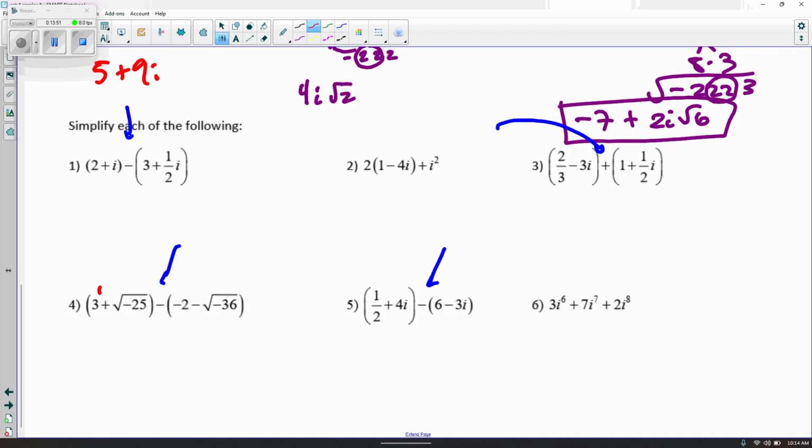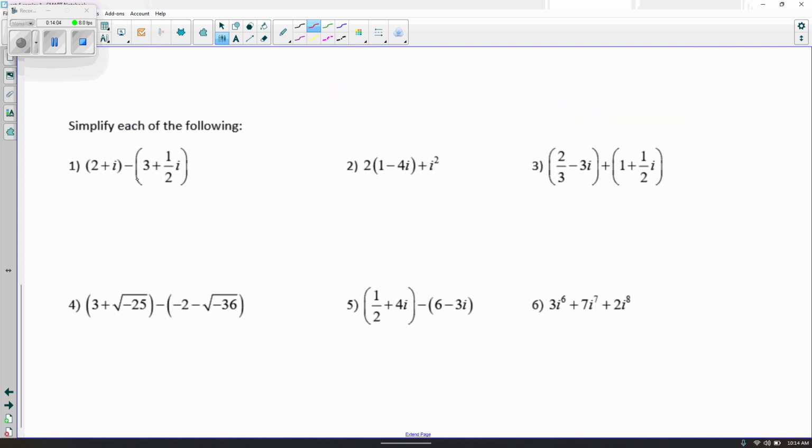I have people who multiply this times this, and this one times this one. Do not be that student. Take a look at your parentheses, see if there's a number in between. If there's a number in between, then that means we have to subtract these, which means I have to distribute the negative sign first. I'm going to rewrite this as 2 plus I minus 3 minus 1/2 I.